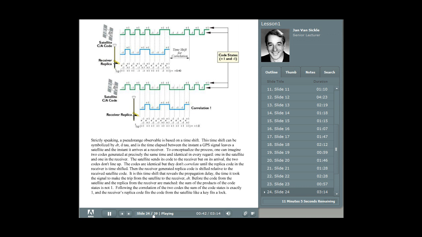But in this case, of course, the signal is coming directly down from the satellite and is received at the GPS receiver. The GPS receiver has this piece of replica code that functions something like a key in a lock. It tries to match that code, to correlate it with what's coming in from the satellite.